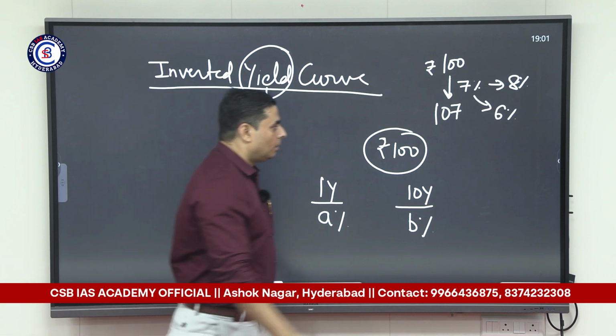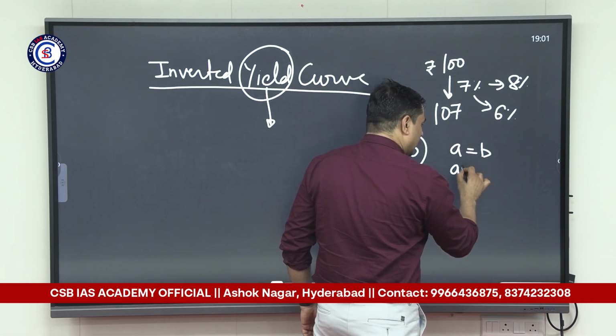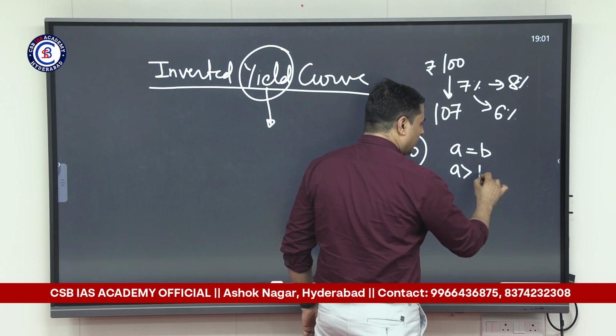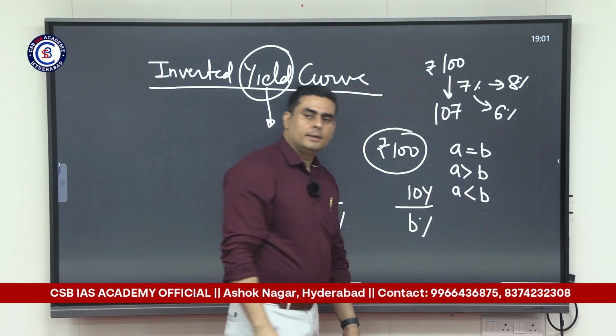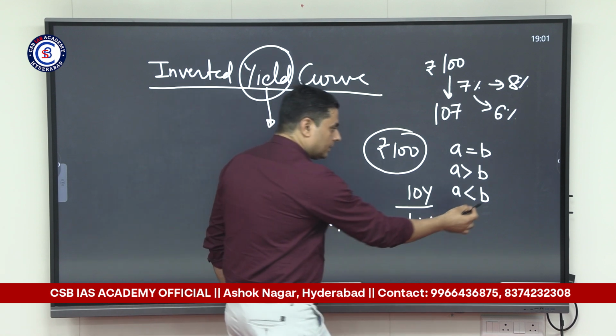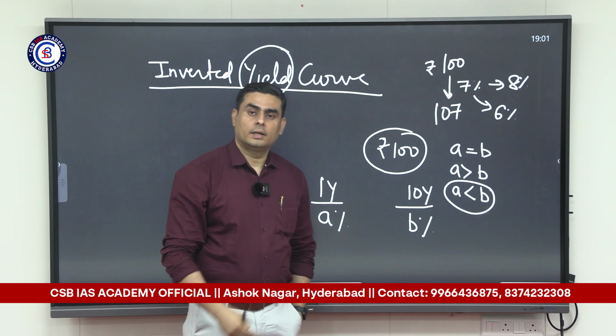So what do you think? Will both interest rates be the same, or will A be higher than B, or A less than B? The answer is that the interest rate B will be higher than the interest rate A.